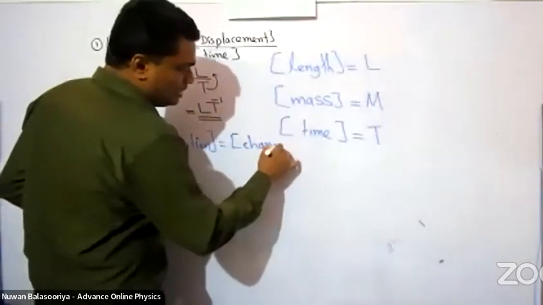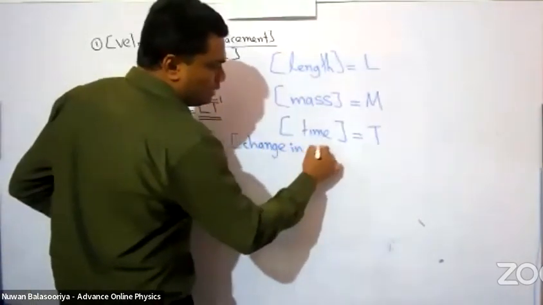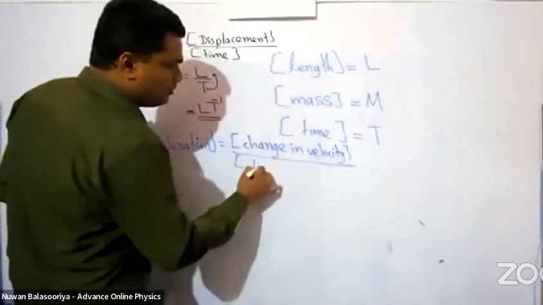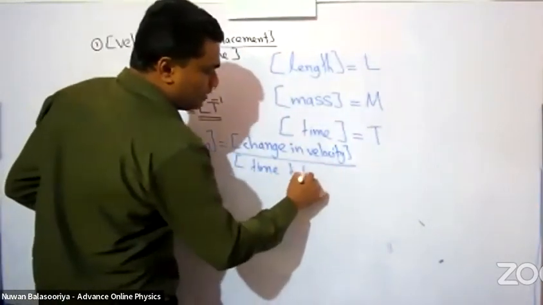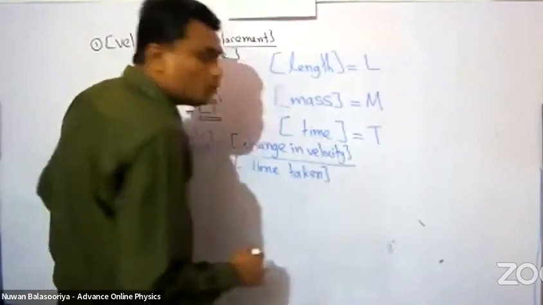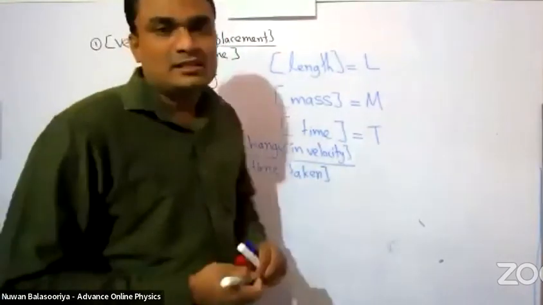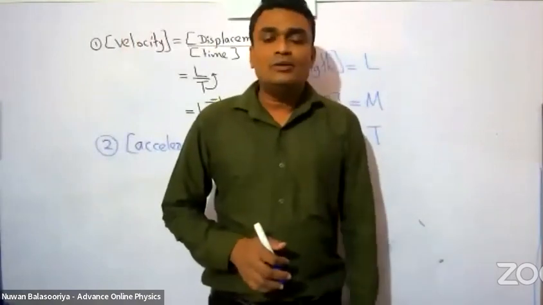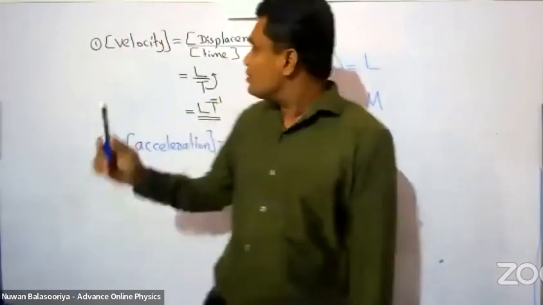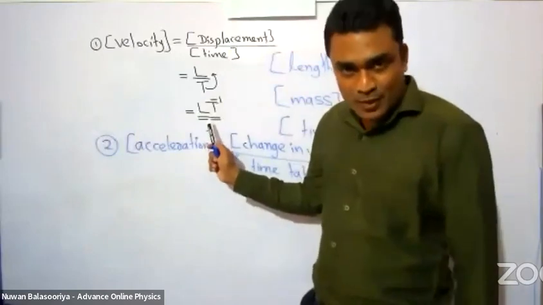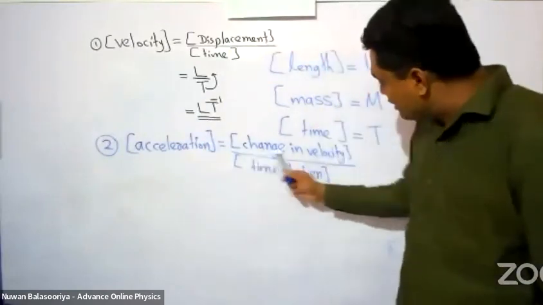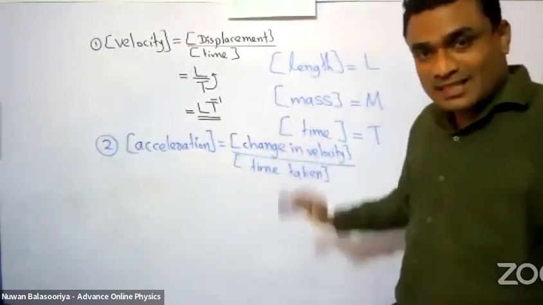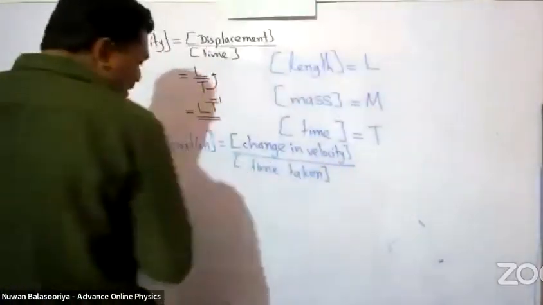Velocity is a velocity, therefore change in velocity and velocity both have the same dimensions. The dimensions of velocity we found as L T to the power minus 1. Therefore, change in velocity also has the same dimensions, L T to the power minus 1.